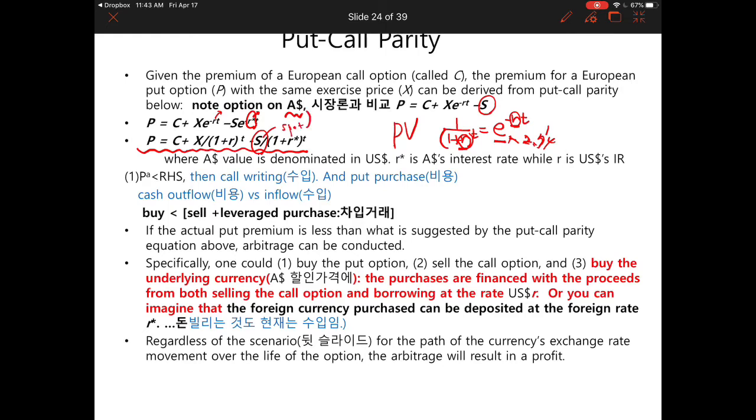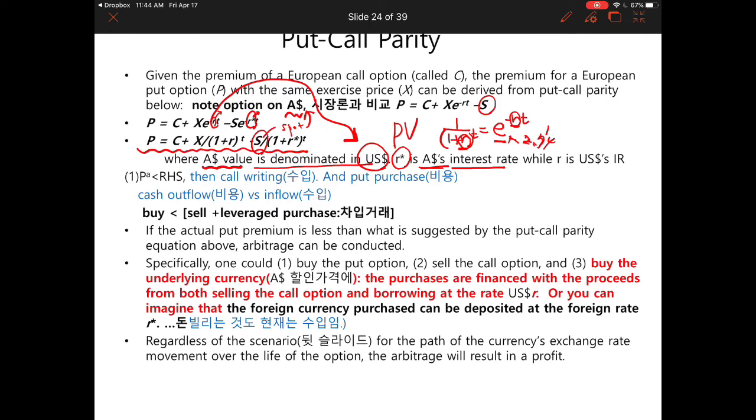Here it corresponds to the Australian dollar, right? And here we assume the Australian dollar value is denominated in US dollar. So plain R is the interest rate applied to the denominated currency, which is the US dollar. And this R star is the interest rate of the target currency, or the underlying asset for that call option or put option, the Australian dollar, right?